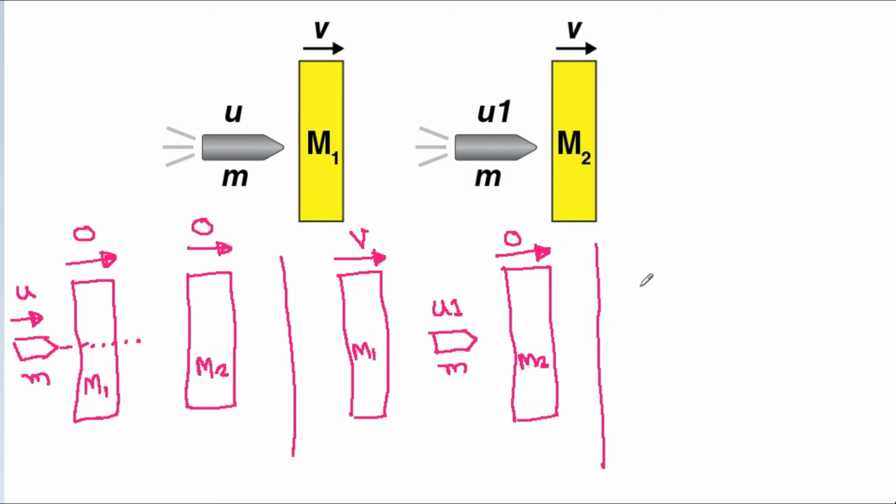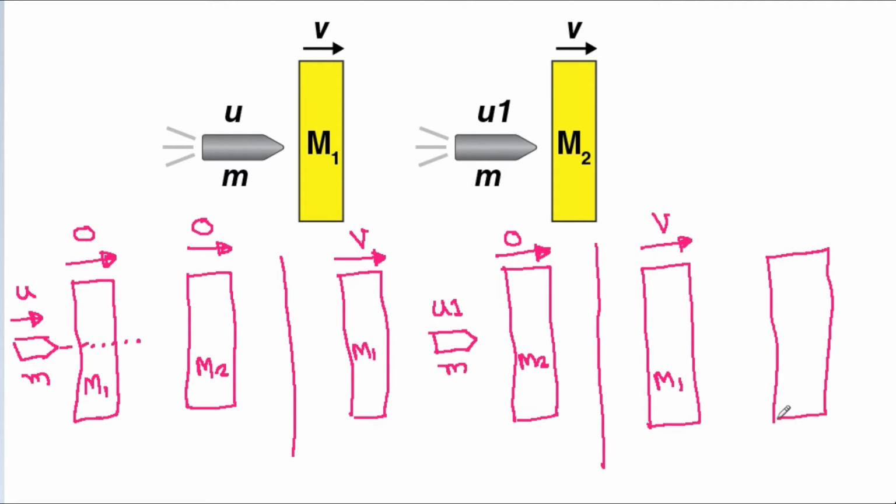And in case 3, this is the punnet of mass m1, velocity is v, and this is the punnet of mass m2 and the bullet is in punnet 2, mass is m, and the velocity of punnet 2 is v.